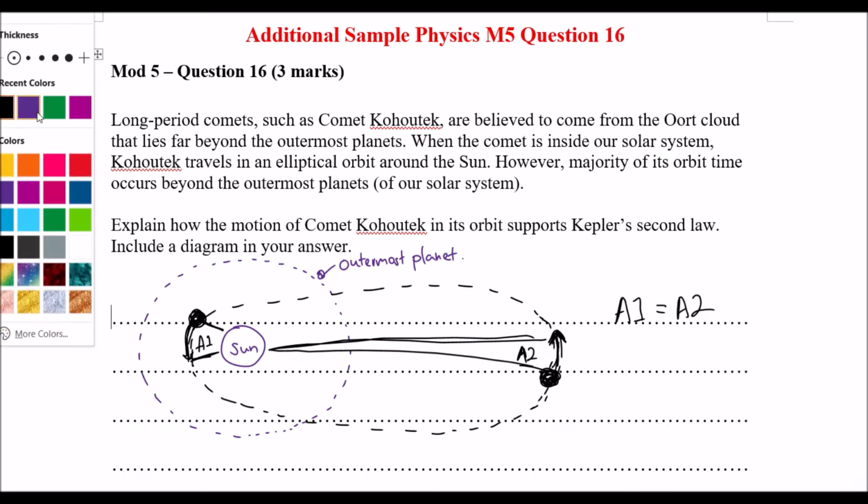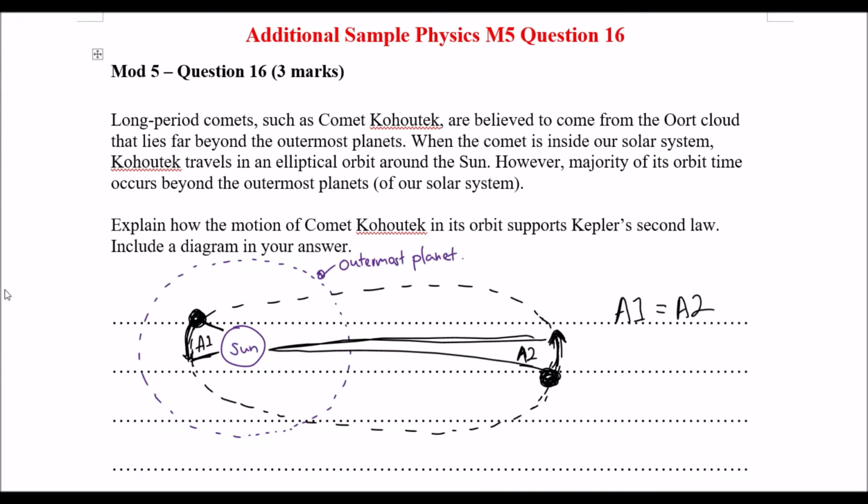Okay, so what's the explanation according to his second law? Well, according to Kepler's second law, within the same time period, the planet in its own orbit will cover the same amount of area. So if it's covering the same amount of area, but clearly in this case, the position where it's closer towards the sun, it's traveling a greater distance compared to our position in A2 here, would imply that the speed at which it's moving at A1 is also much faster.